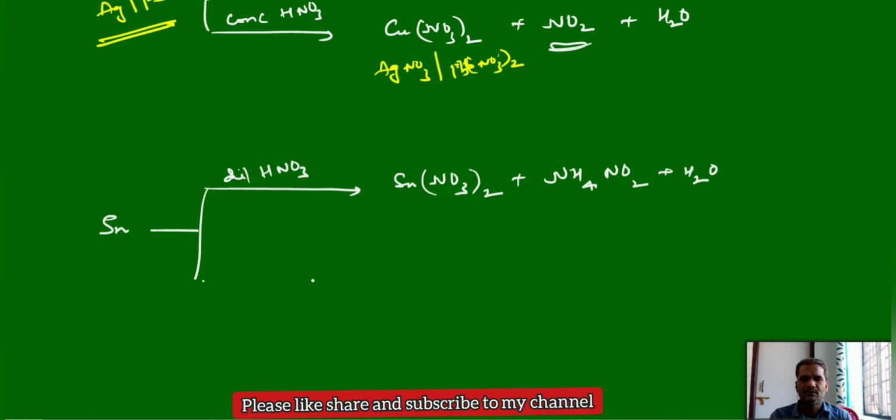But when you use concentrated nitric acid, in the previous cases, everywhere we are getting metal nitrates, but in this case you will not get the metal nitrate. In case of concentrated nitric acid, instead of Sn(NO3)2, we will get stannic acid, H2SnO3. This product also will change.